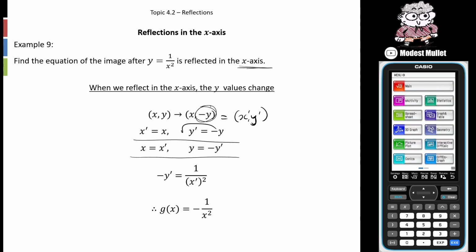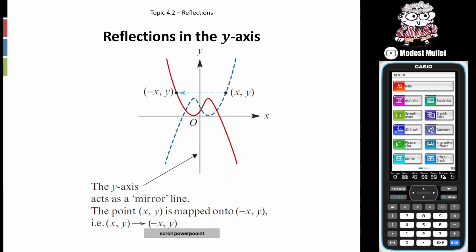In this case, it's just moving the negative sign that's happened. Notice that the y dash now has the negative sign. Substitute those into the equation and then rearrange to get the y dash by itself, and you end up with something like this, because the step after here, you get y dash is equal to negative 1 on x dash all squared. And there we go.